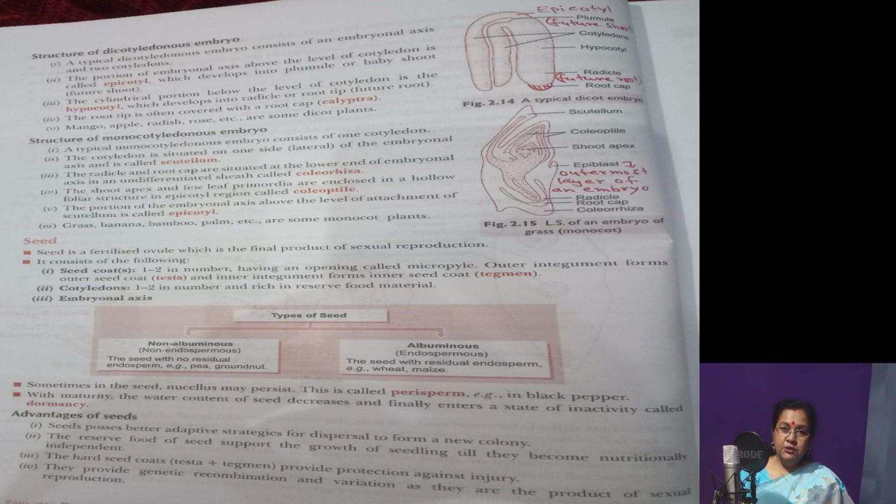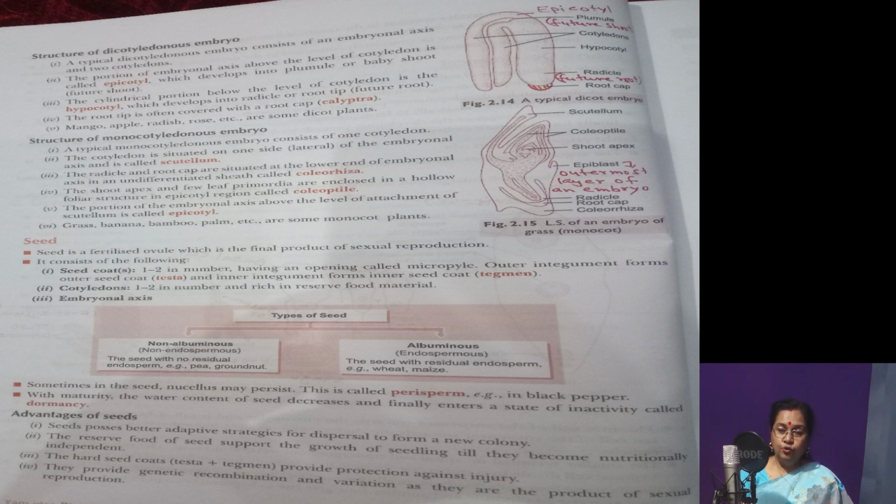The structure of the seeds contains two layers. The outermost seed coat, the protective layer, is called testa, and the inner integument of the seed is called tegmen. These two are the protective layers of the seeds.